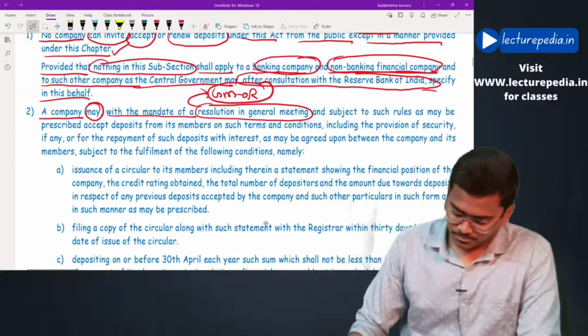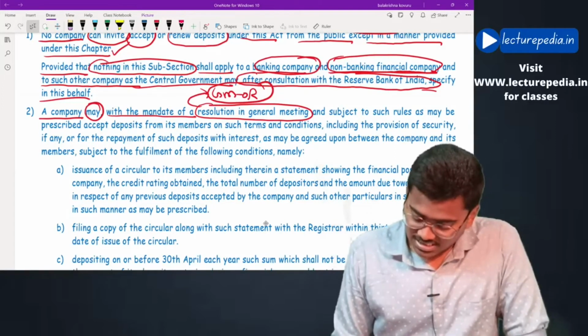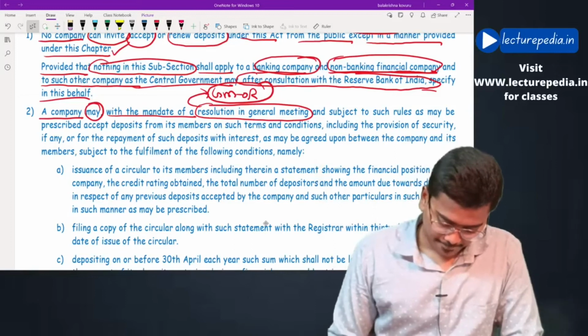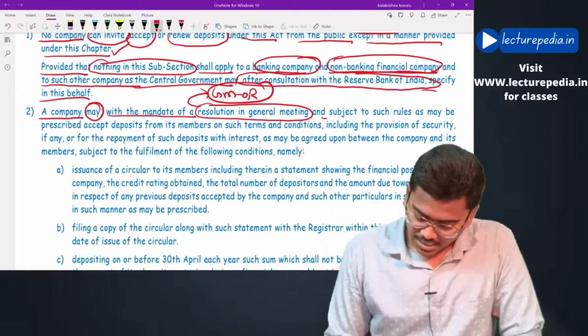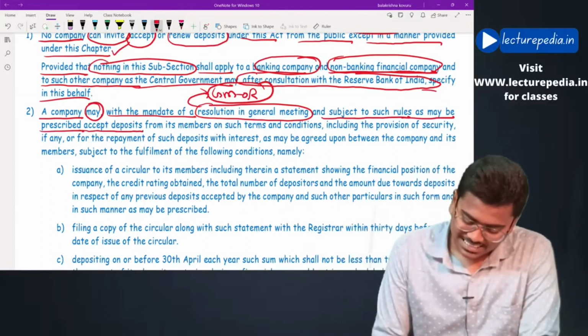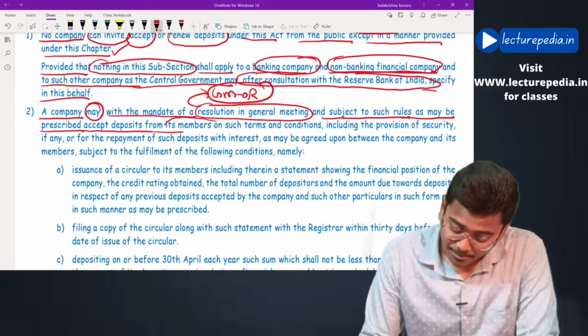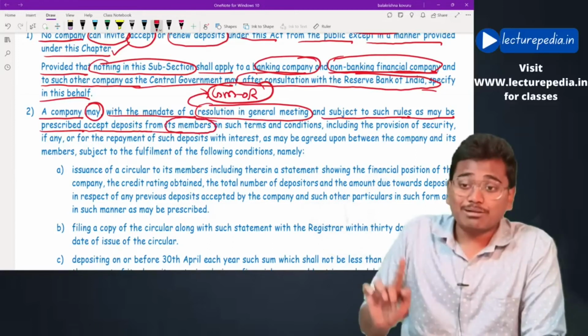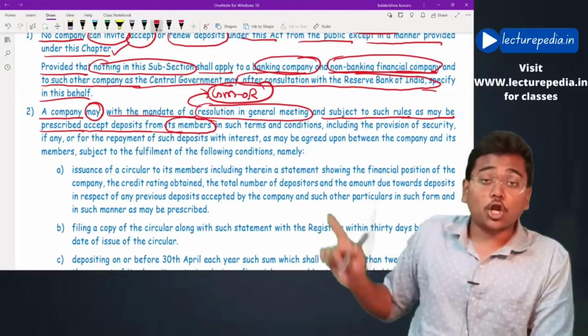Now, subject to such rules as may be prescribed, accept deposits from its members. See, if you observe, it says members, not public.